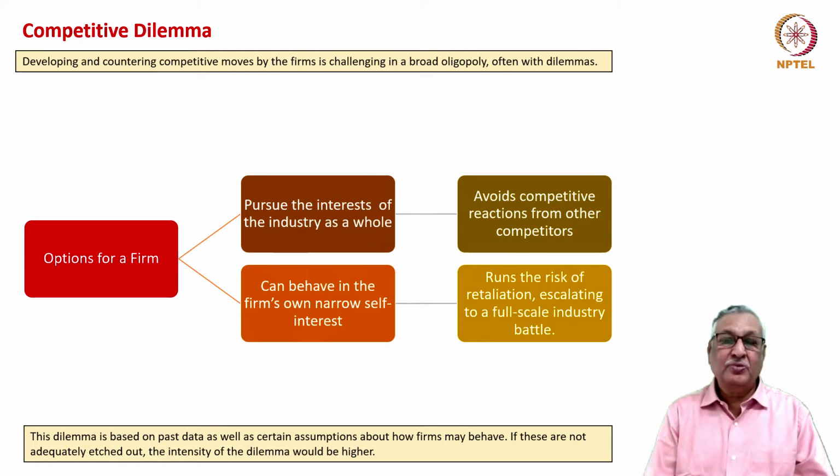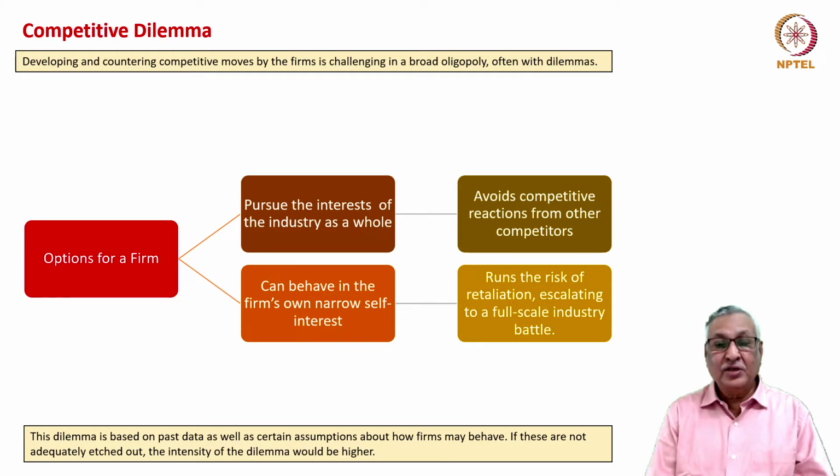If an industry approach is taken, the benefit is that it avoids strong competitive reactions from other competitors. On the other hand, if the company is focused on its own goals, and that too at any cost, the company would run the risk of retaliation escalating to a full-scale industry battle.